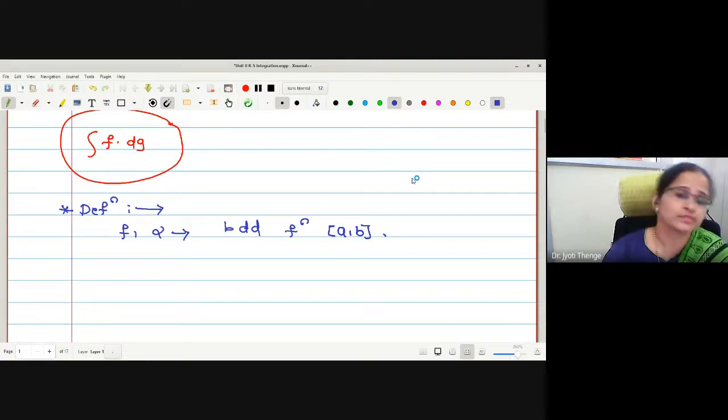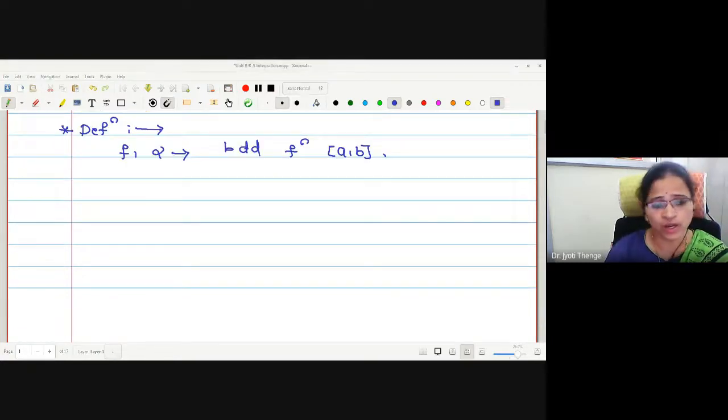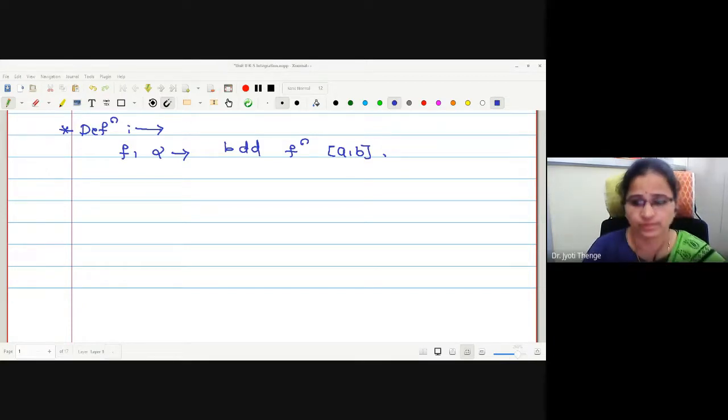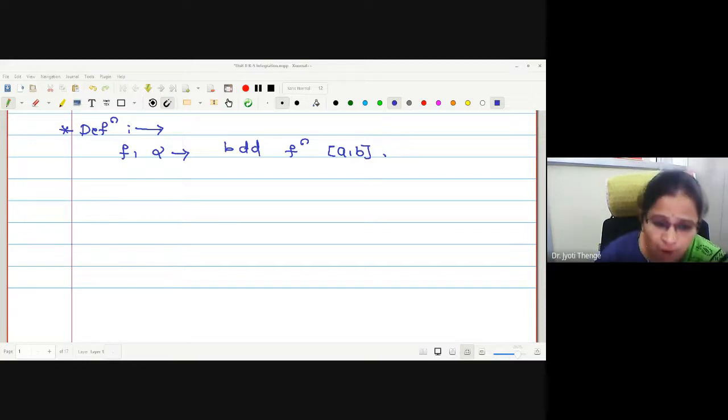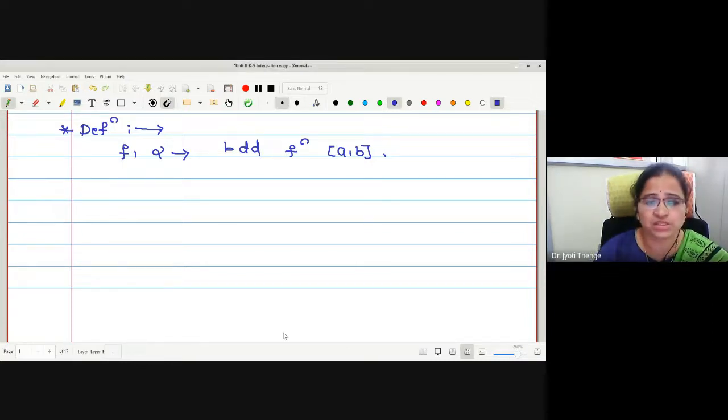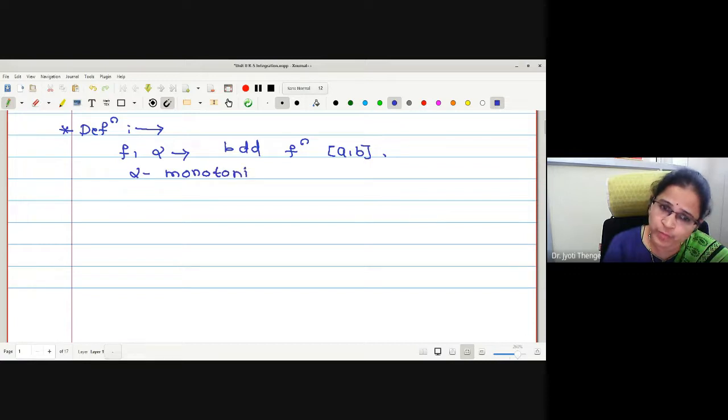If the function is not bounded, it is difficult to get the area bounded by those functions, whether with respect to the x-axis or with respect to another function. Therefore, both functions under consideration, f and alpha, must be bounded. One more restriction they followed is that alpha is a monotonic increasing function. Why monotonic increasing?